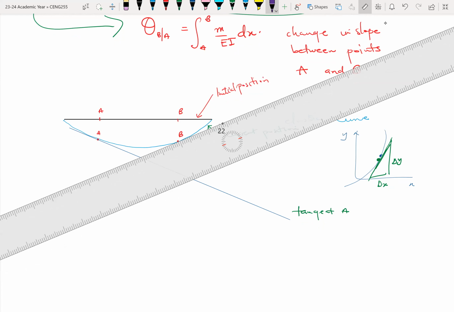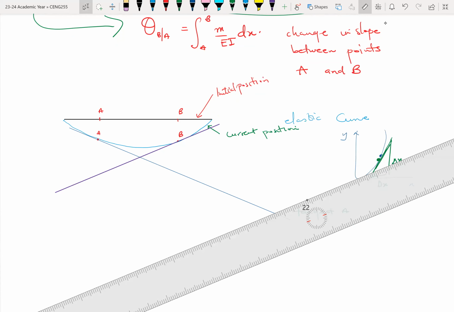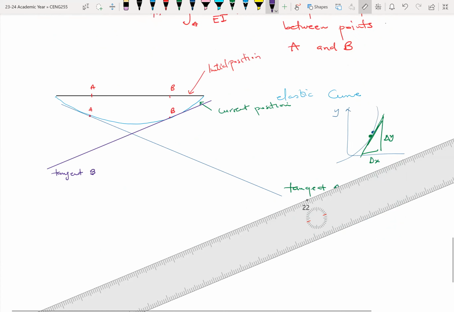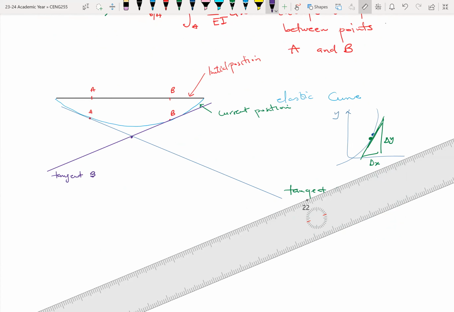So this is the tangent at B, or the tangent passing through point B. This is the intersection point of the tangents for A and B.